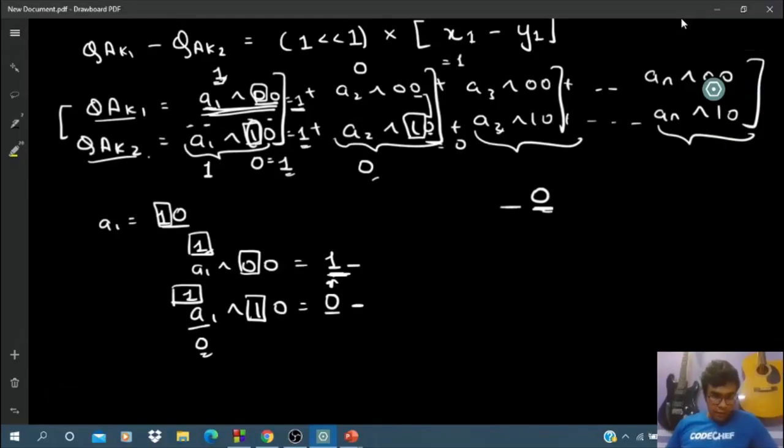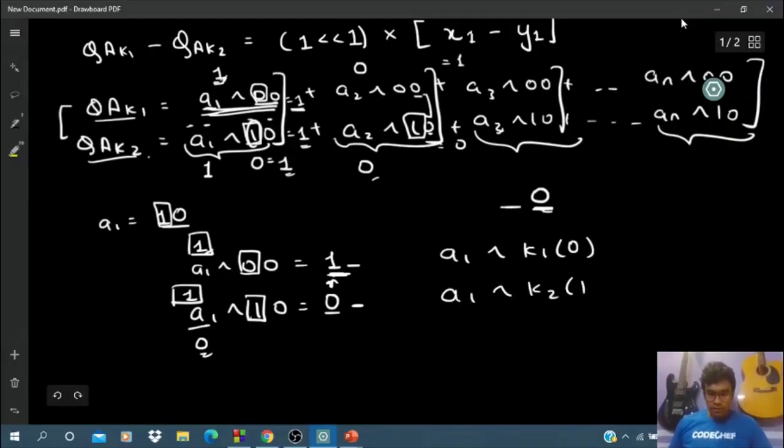Now a1 had a 1, and because of this, when we XORed it with k2, that value gave us a 0. So the second value, a1 XOR k1, is 0 in the first bit, and a1 XOR k2 is a 1 in the first bit. We're only talking about the first bit.